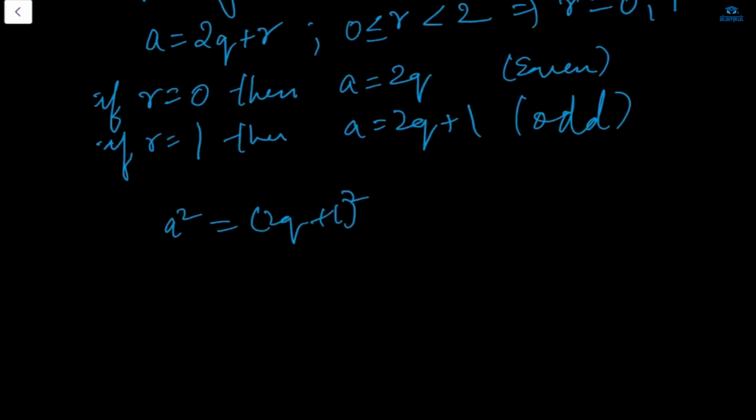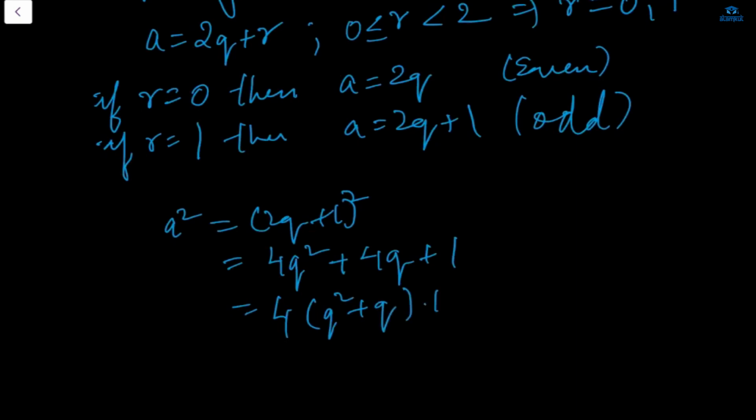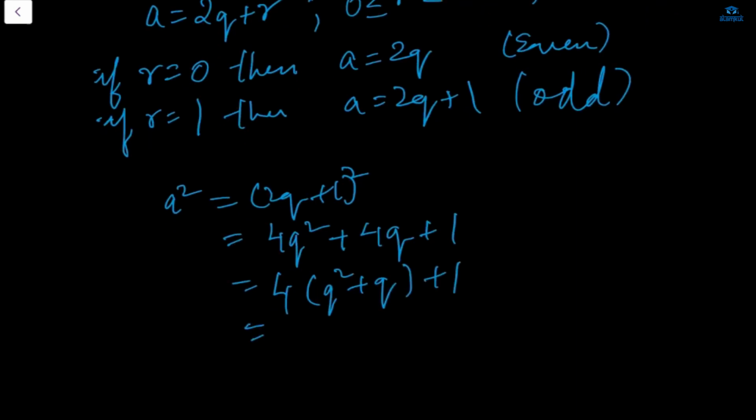So we are going to do the squaring of this. What you will get is 4q square plus 4q plus 1. So you can write 4 common, q square plus q, plus 1. So you can write 4m plus 1 where m is equal to q square plus q.